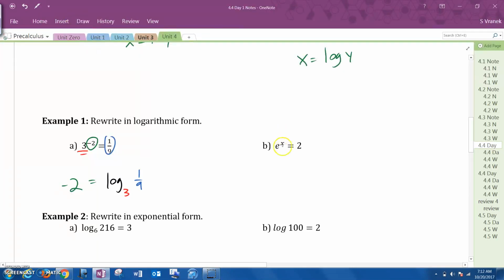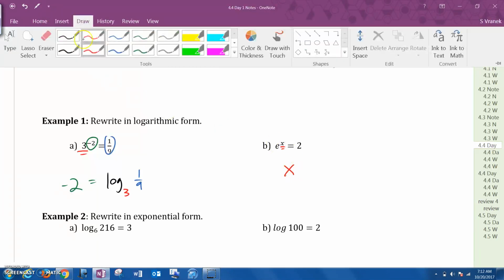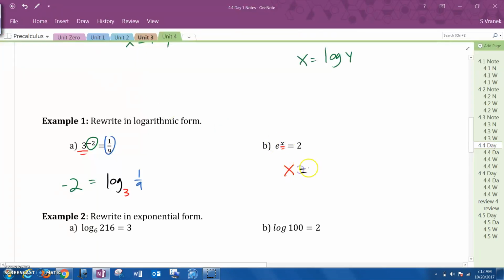This one over here, again, we're setting it equal to x, because that's our exponent, is equal to log base e, because that's what the base is, of 2. Remember though, we can rewrite this as x equals natural log of 2 because it's base e.